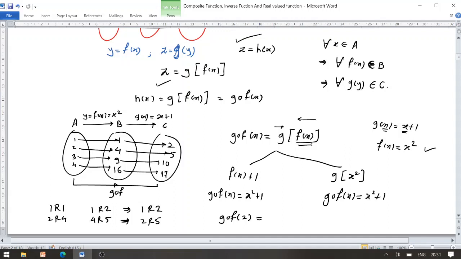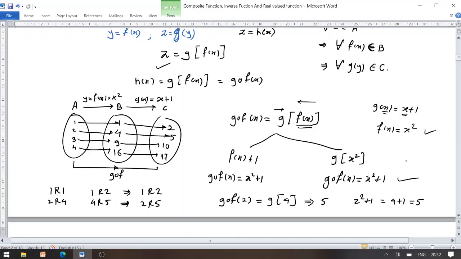So that is equal to g composition of, firstly the image of 2 from the function f becomes 4, and now the image of 4 from the function g in the set C, we have it as 5. So that should satisfy the case. Ultimately 2 square plus 1, 4 plus 1, we have 5.